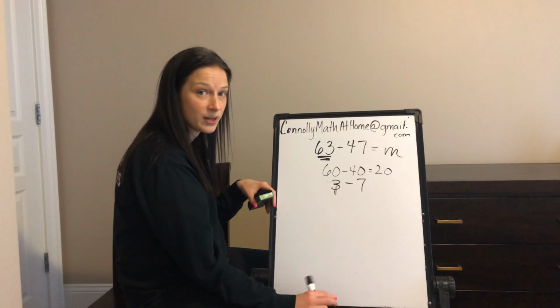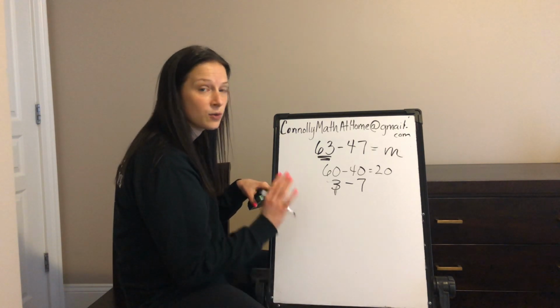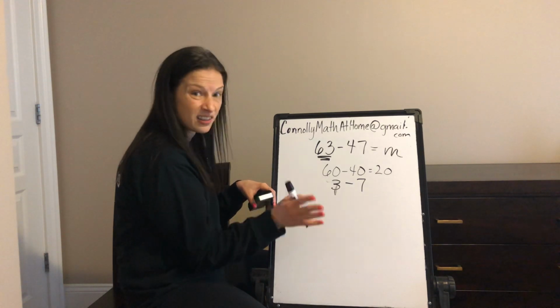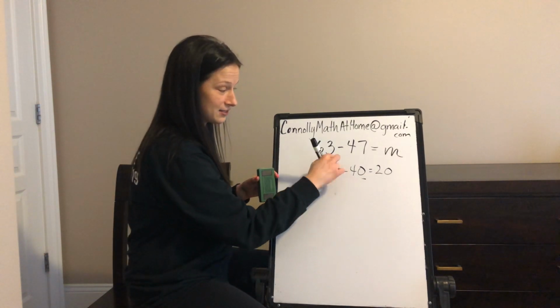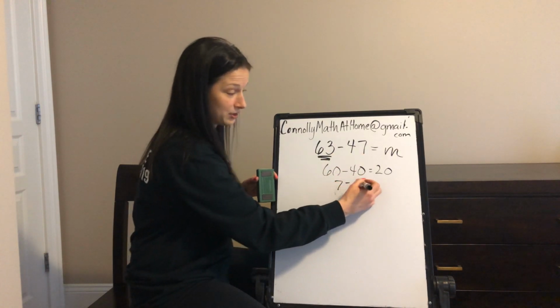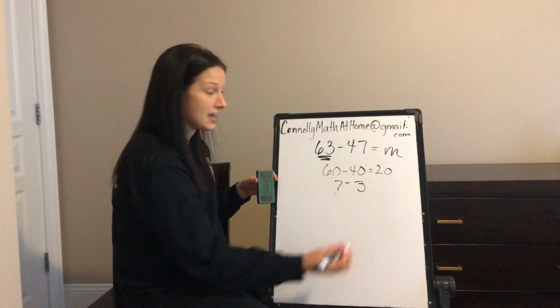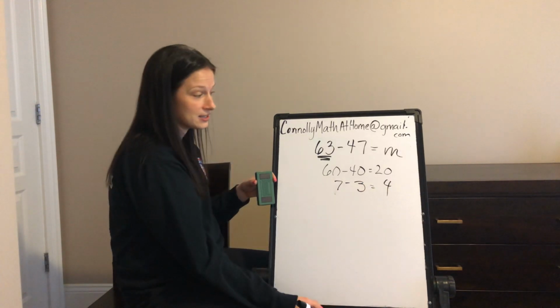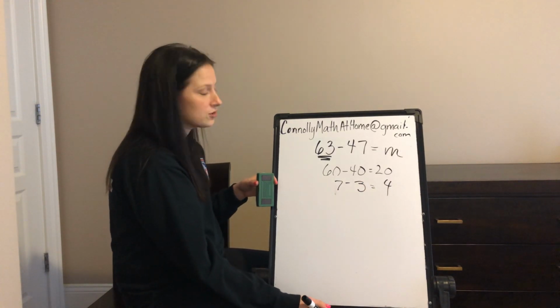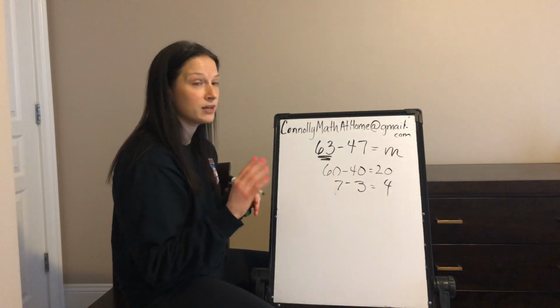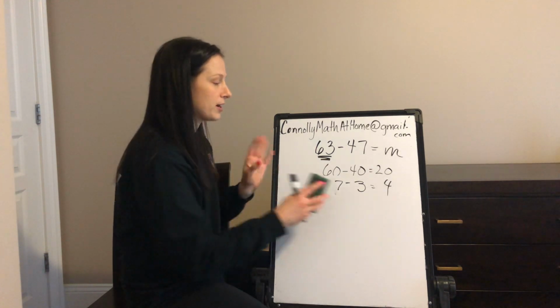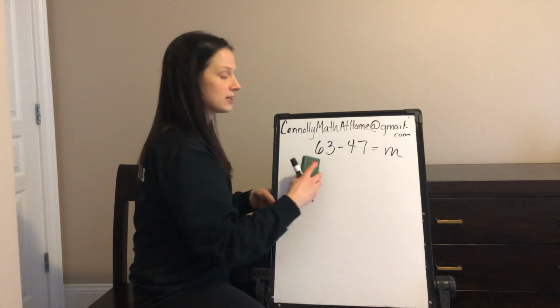And we're not there yet. We're not thinking about negative numbers in 5th grade. We're not going there. Okay? Another thing that kids like to do is they say, well, I can't do 3 minus 7, so I'm just going to do it this way. And obviously that also gets us to the wrong answer. So we want to make sure that when we are subtracting, we do not break up both numbers. Okay, so that's what not to do.